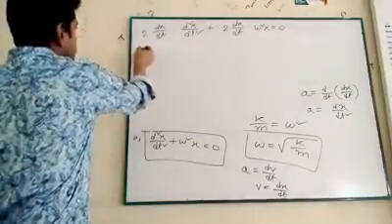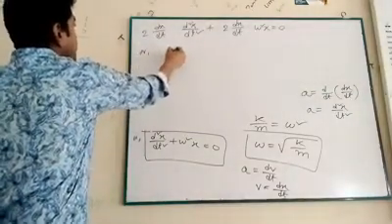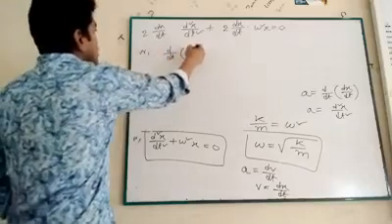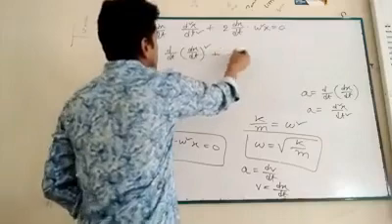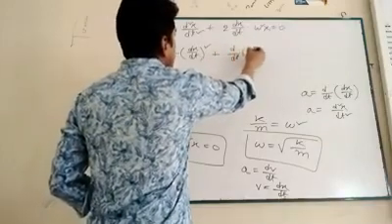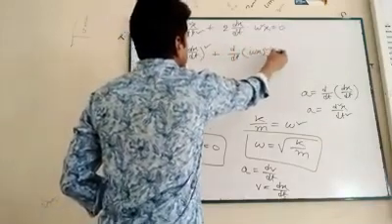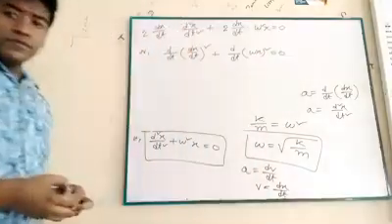And we have to simplify this equation: d/dt (dx/dt)² + d/dt (ω²x²) = 0.